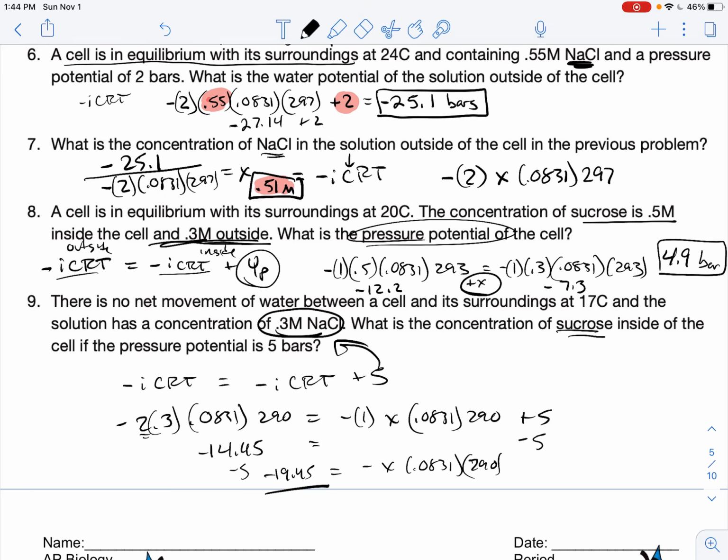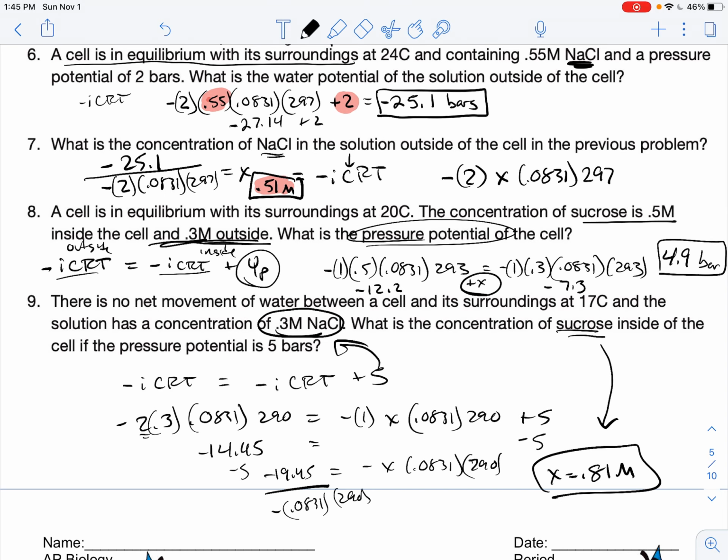So we're going to divide that by negative 0.0831 times 290. I will set that up right now. And then we end up with x equals 0.81 molar. So it's telling us the molarity of the sucrose inside is 0.81 molar.